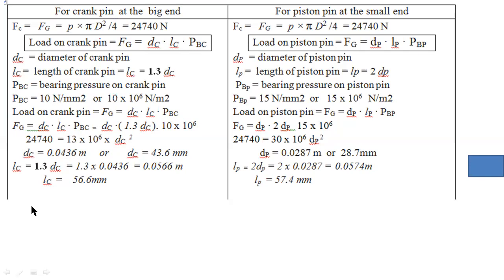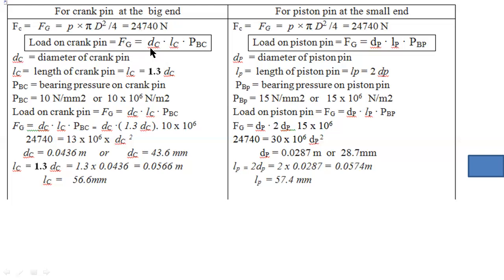Here the load acting on the crank pin is equal to FC or FG. FC equals the diameter of the crank pin times the length of the crank pin times the bearing pressure at the crank pin. Here FG equals 24,740. Substitute the value 24,740.